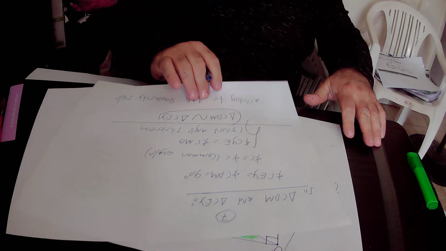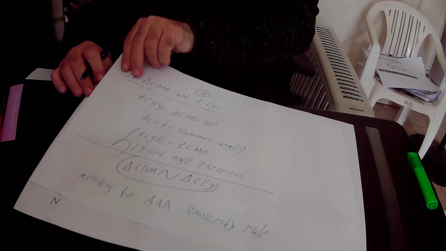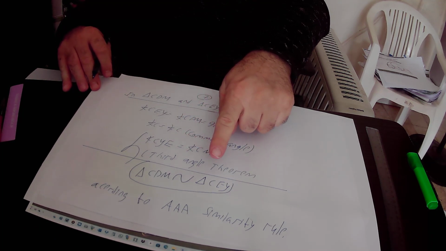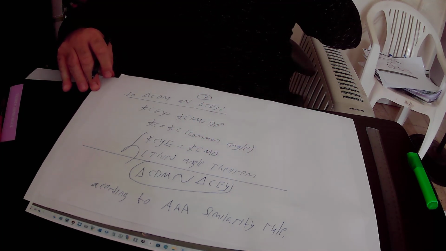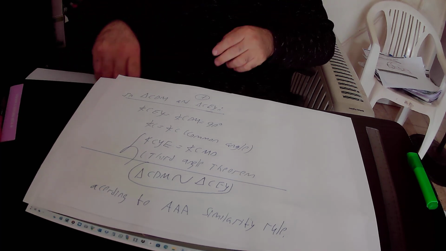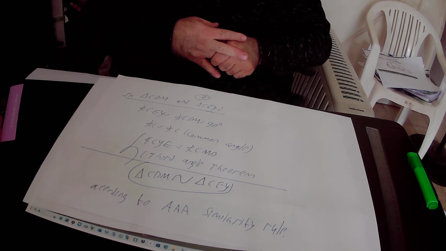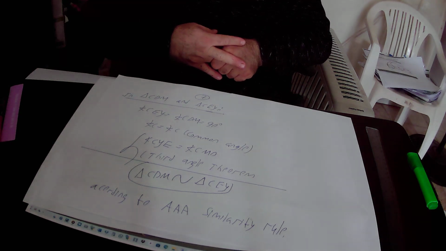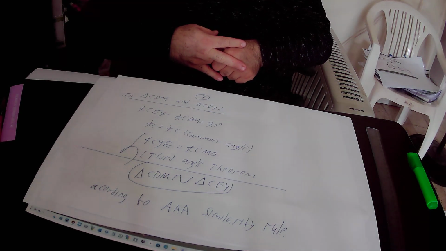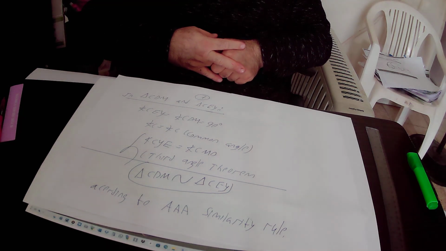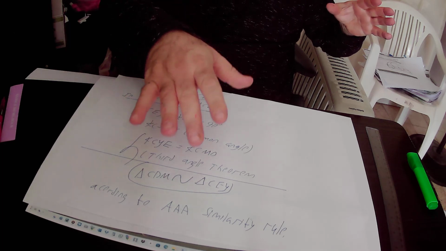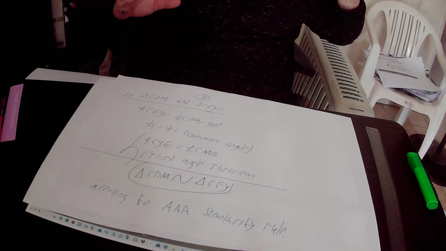I will repeat again. We actually proved that triangle CDM is similar to triangle CEY according to angle similarity rule. So what is the angle similarity rule? The angle similarity rule is that if you prove that all three angles in one triangle are congruent to all three angles in another triangle, then those two triangles are similar to each other. Okay?